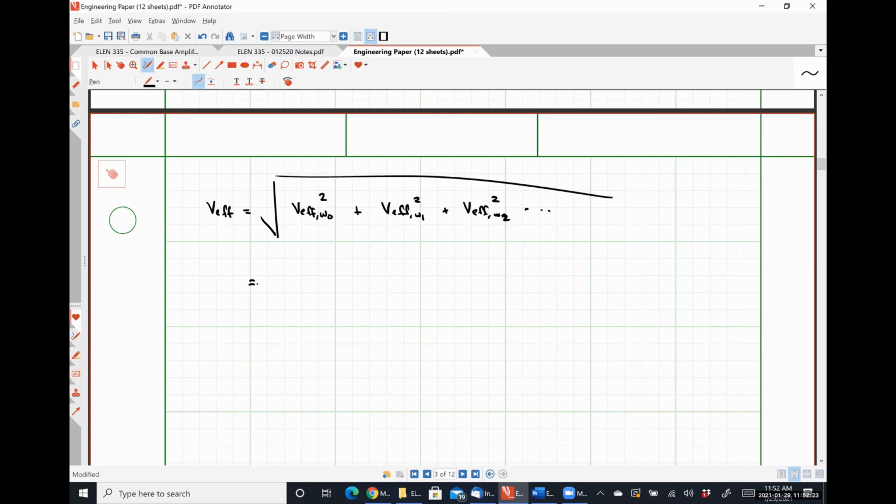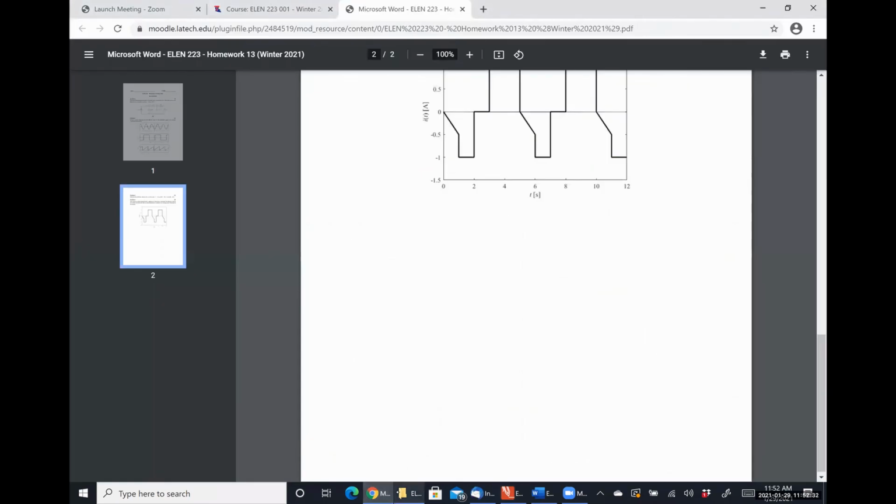So for that particular problem, you don't even have to take the integral. Let me explain that real quick.